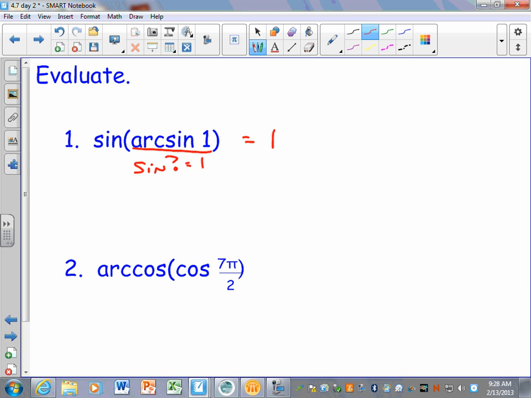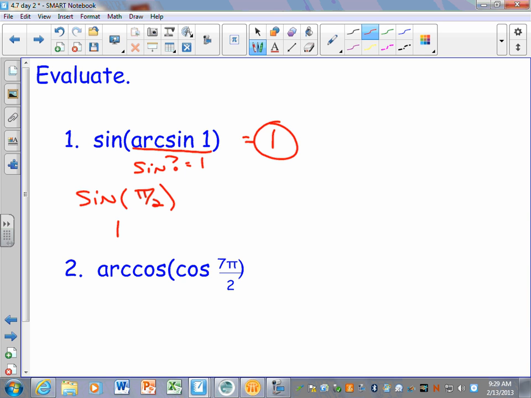Pi halves. So do you agree that I could replace the inside of this with pi halves? Because the arcsine of 1 is pi halves. And then I just do the outside. What is the sine of pi halves? It's 1. So it really does work because I just get 1 back. Do you have to do this work? Nope. You could just tell me that it equals 1 because of the property.